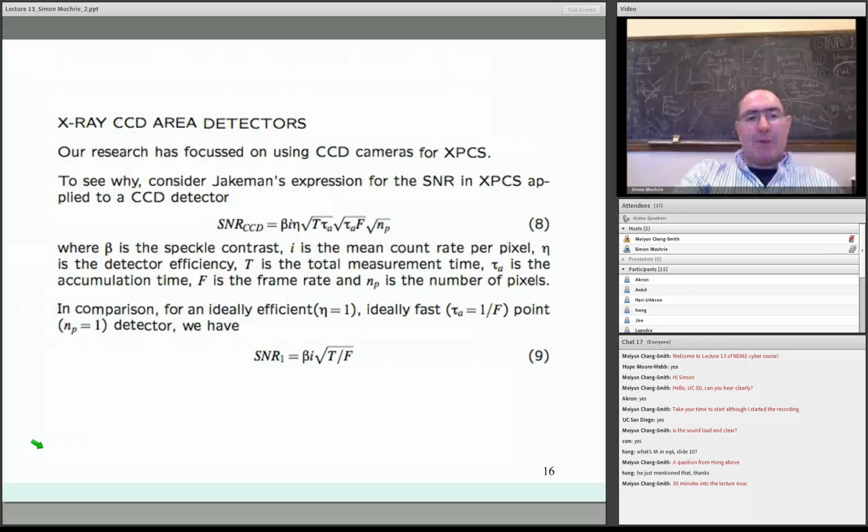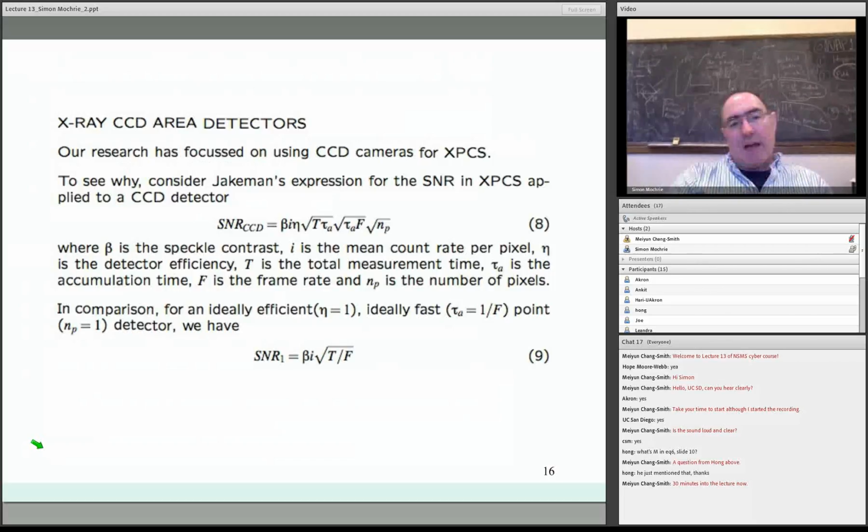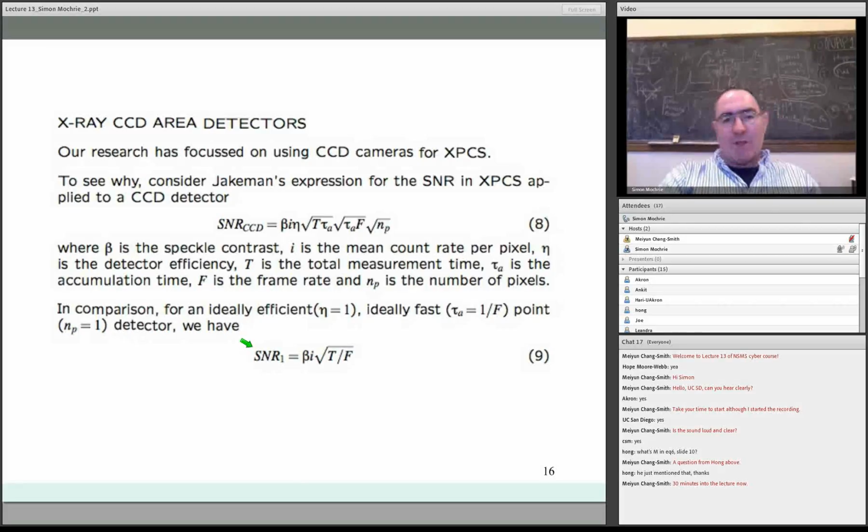Just to touch again on the idea of area detectors, you can write down the signal-to-noise ratio using a CCD detector or using a point detector, which is the way X-ray experiments were done when I was younger.